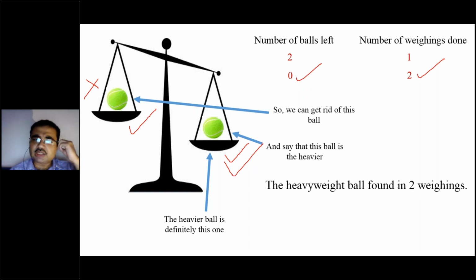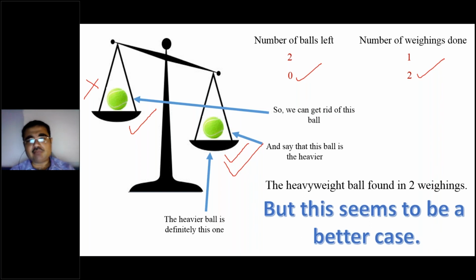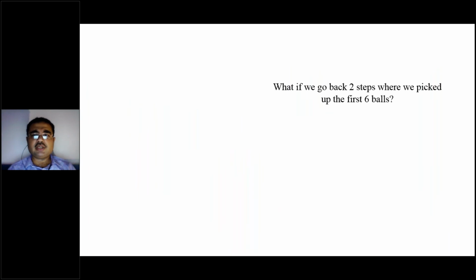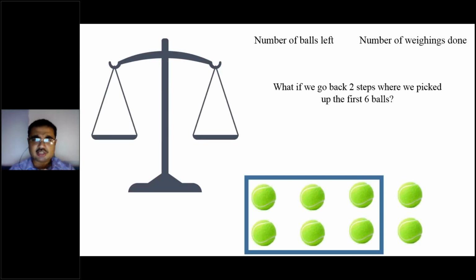But this seems to be a better case. If we go back 2 steps to the step where we picked up the first 6 balls, you remember I picked up the first 6 balls, left out 2, and those 6 measured the same.